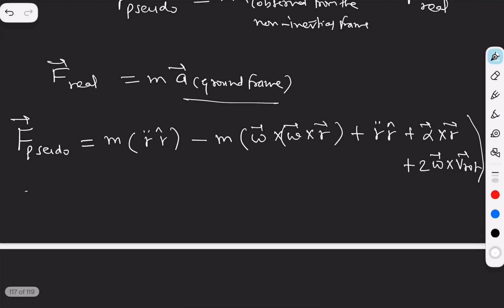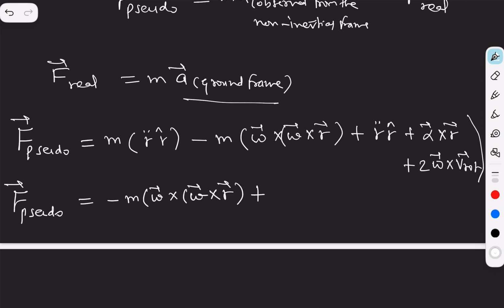So if I simplify, the F pseudo in this case would be: m r double dot r cap gets cancelled, so finally we get minus m omega cross (omega cross r) plus m alpha cross r.